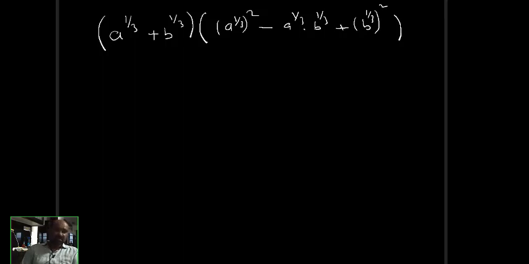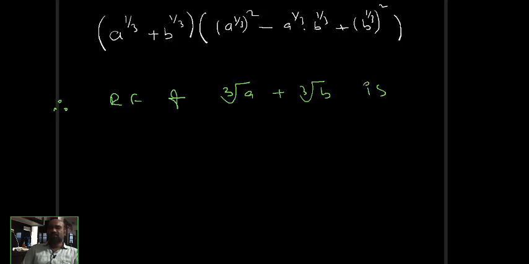Therefore, the RF of cube root of a plus cube root of b is cube root of a² minus cube root of ab plus cube root of b².